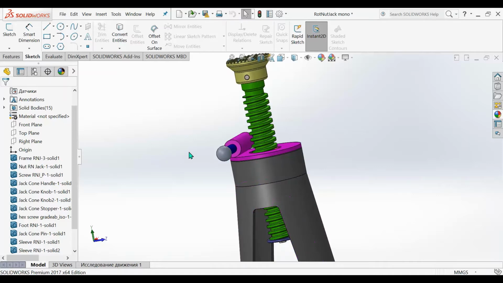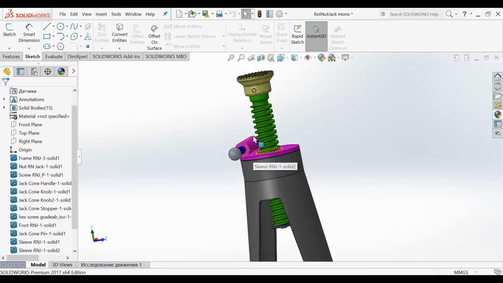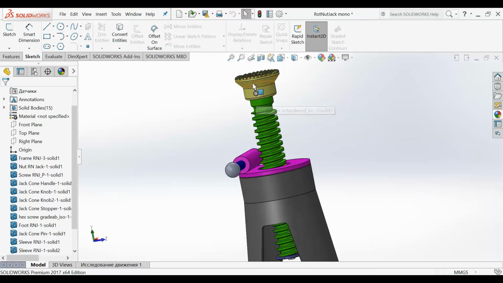And on this element we use a bearing instead of this position, it is placed here.